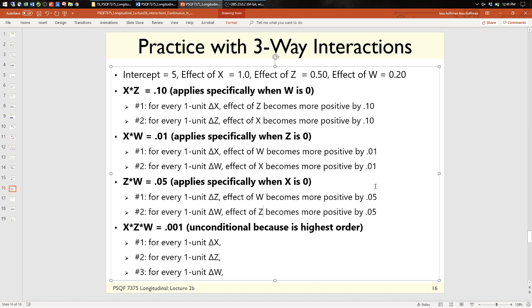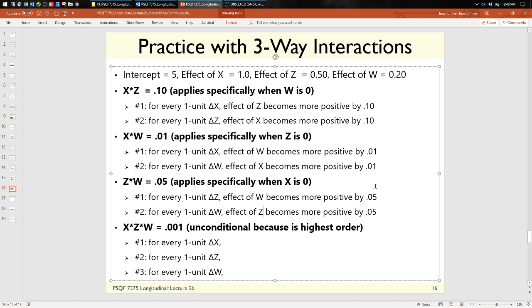So you can see the pattern. The two-way interaction takes the slope of one of its variables and makes it moderated by the other variable. So to talk about an interaction, you can't talk about change in y. You have to talk about change in slope. The interaction takes the simple effect of one of the variables and makes it more positive, less negative, as a function of the other.